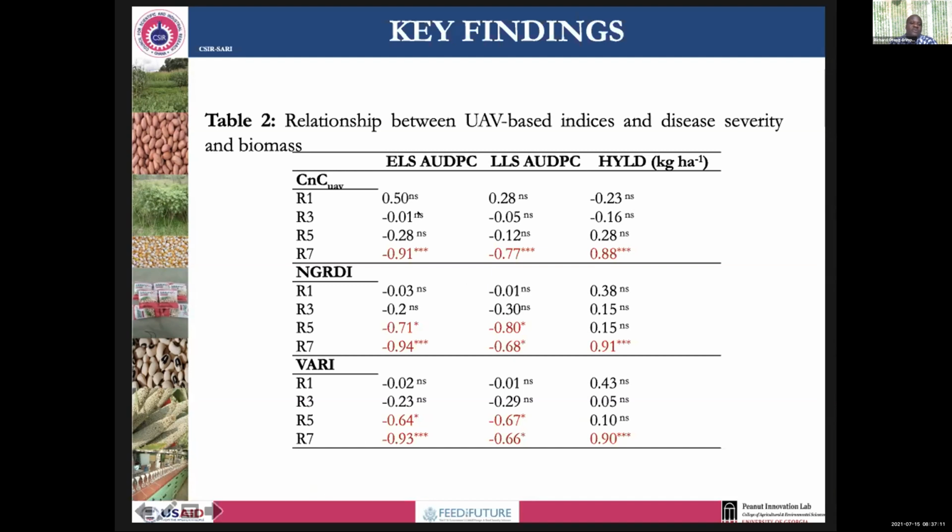Now, the UAV was done at different growth stages from R1 to R7, and the comparison showed that the strength of the relationship increased with the growth stage of the plants. However, with the NGRDI and the VARI, the relationship became stronger earlier as compared to the canopy cover.